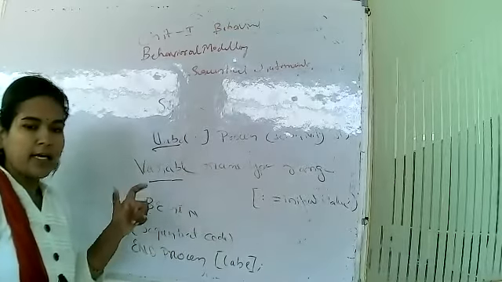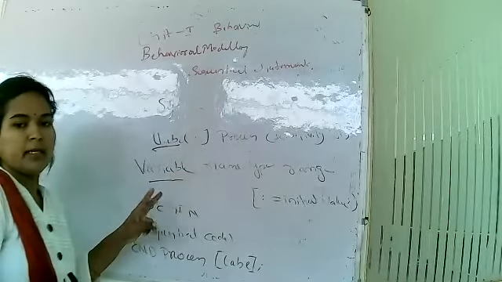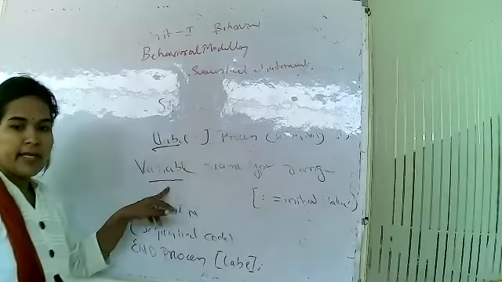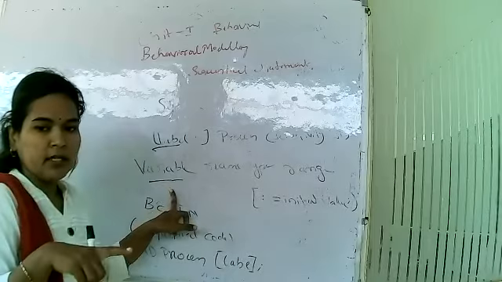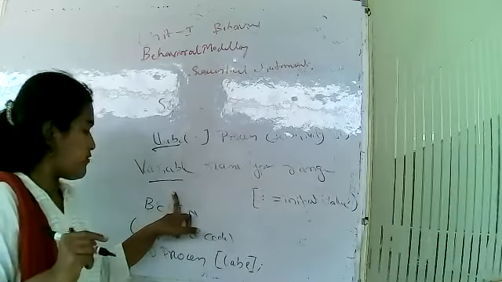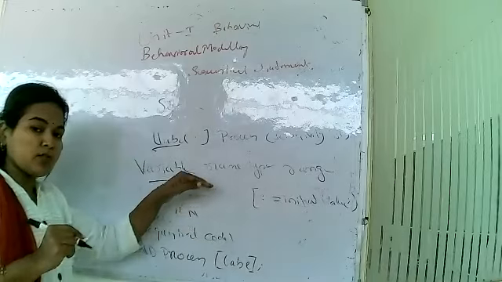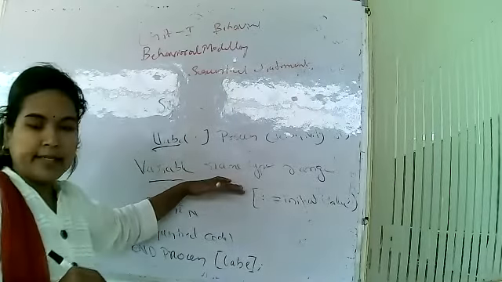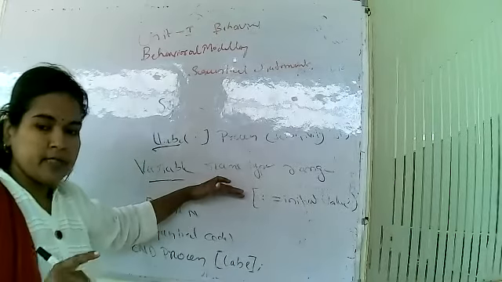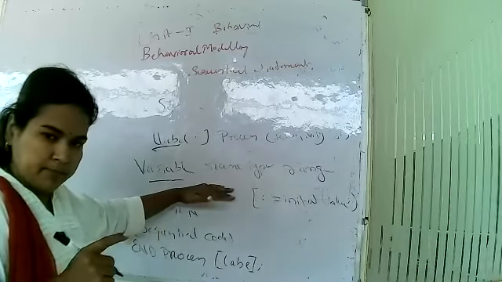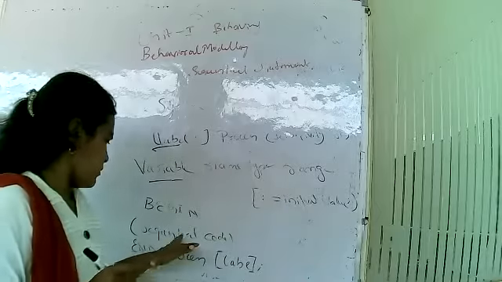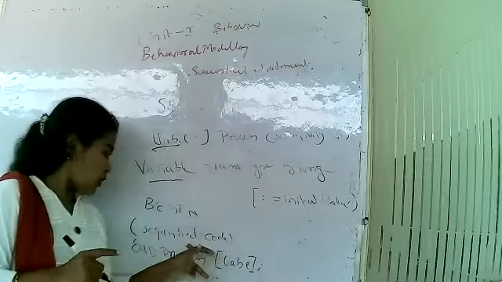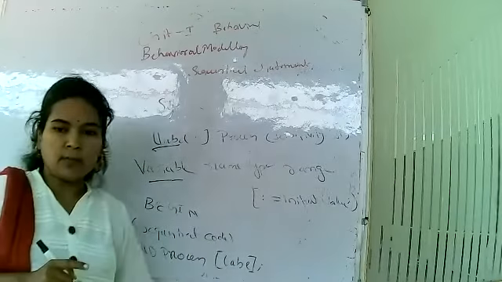If some variables are there while writing the program, then you have to declare them before the begin. And next, after begin you have to write the sequential code. Then it is the end of the process.